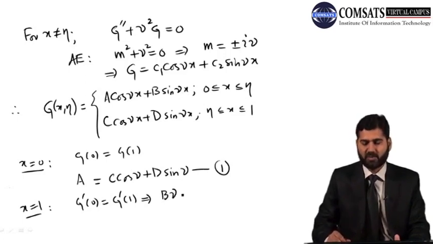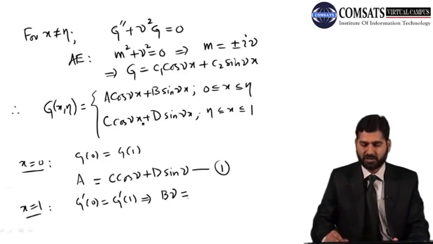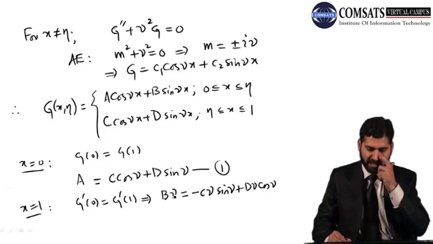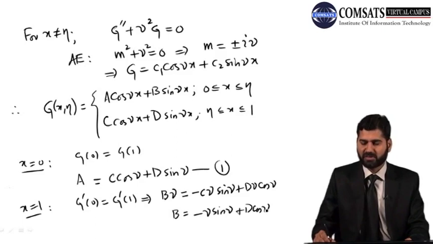On the right hand side, minus c nu sine nu x at 1 is minus c nu sine nu, and d nu cosine nu x with x equal to 1. Nu is common, so you can cancel it. So b is equal to minus c sine nu plus d cosine nu. We just call it equation 2.